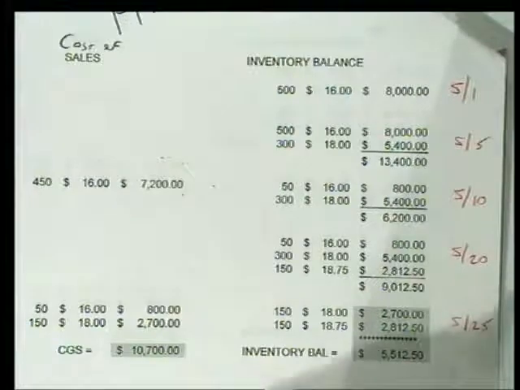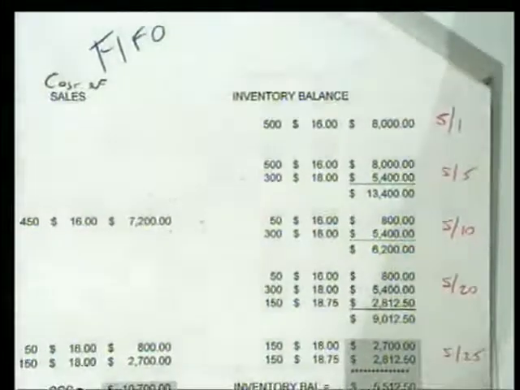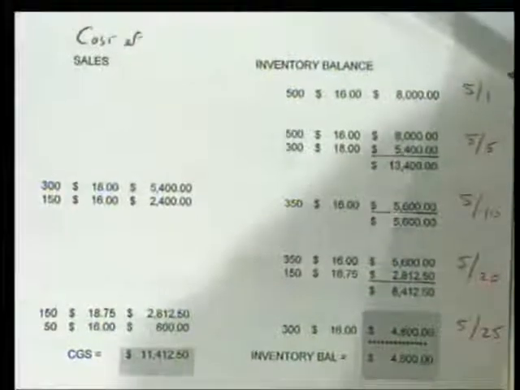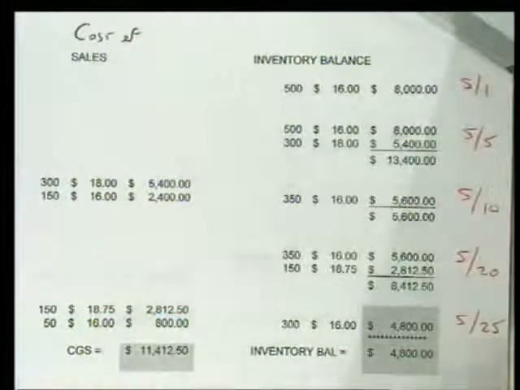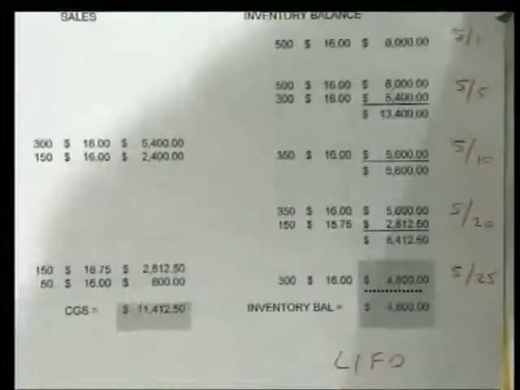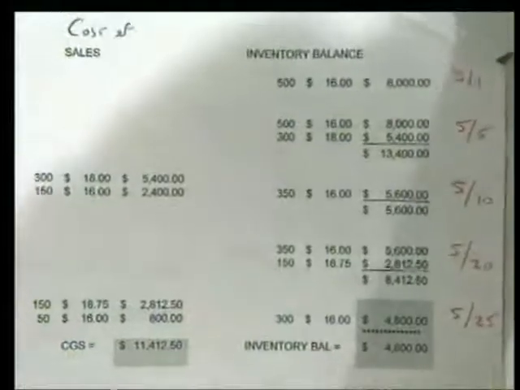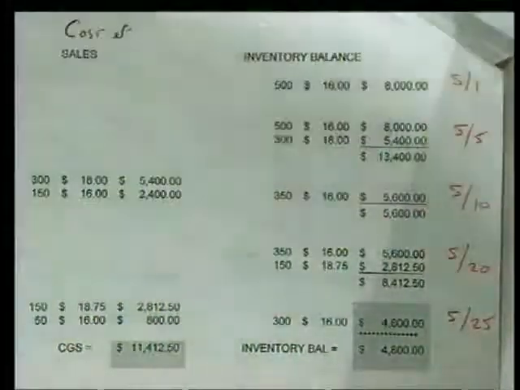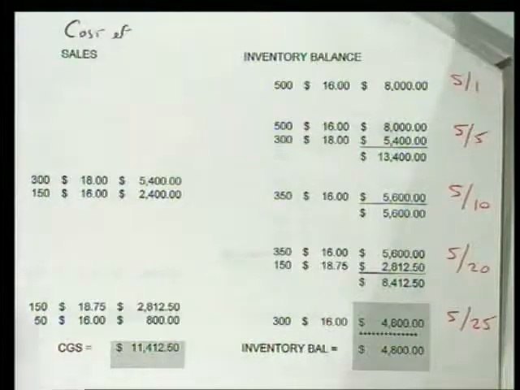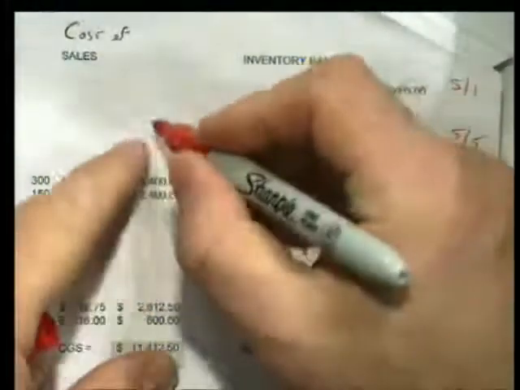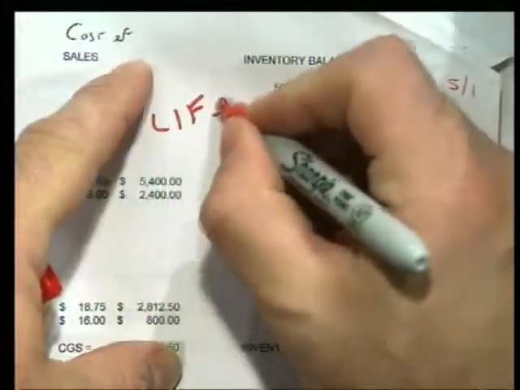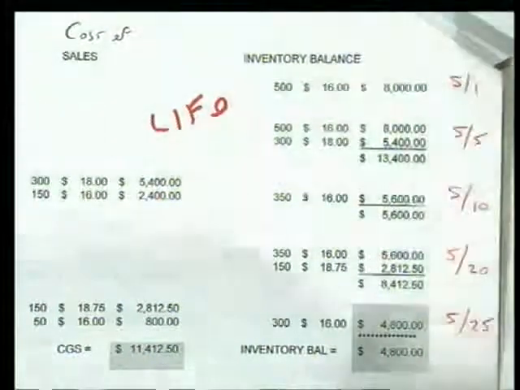Okay? Now this is the answer to FIFO right here that's on the screen. Let me show you the answers to LIFO. Okay. Take a look at that. The numbers highlighted at the bottom are obviously the numbers that go in the blank.